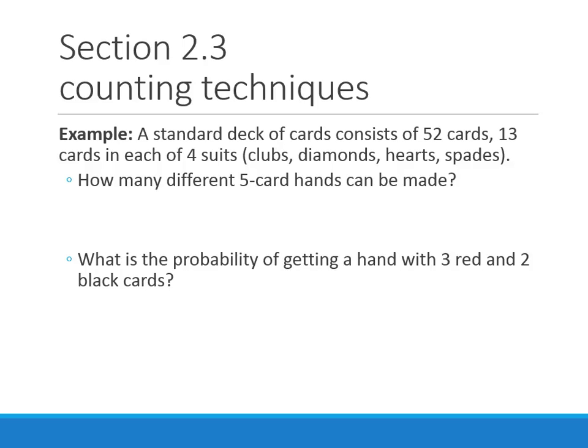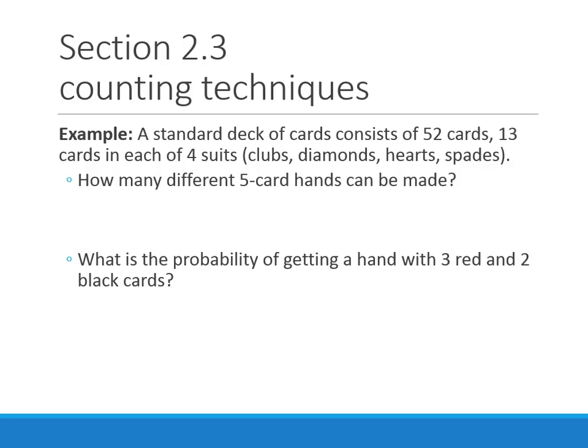So first question, very generically, if you're playing 5-card poker, how many 5-card hands can we make here? First of all, if I am dealt 5 cards, does the order matter? Order does not matter, right? Because if I have king, ace, 9, 10, 3, that's the same as if I got them in a different order.